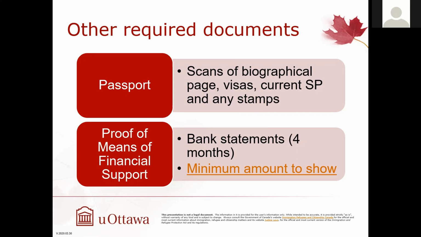So what we advise students is to be as close as possible to the amount that you were required to demonstrate when you first applied for your study permit. If you were coming by yourself, you were required to show the equivalent of $10,000 Canadian and tuition fees for 1 year. So when you're applying to extend your study permit, that is what we recommend that you try to demonstrate.